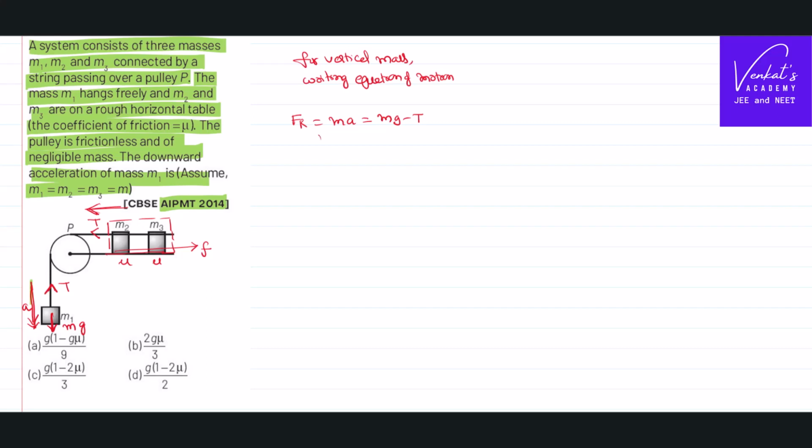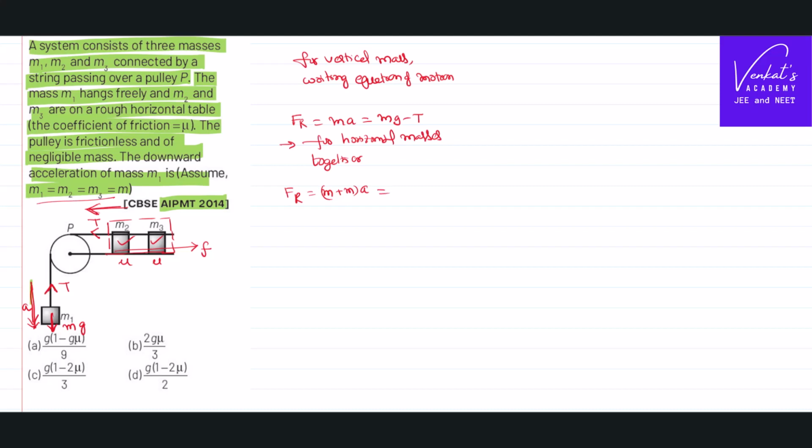So for the horizontal masses together, I can write an equation of motion: F resultant as (m plus m) a, because there are two masses, this and this. All masses are identical as per the problem.